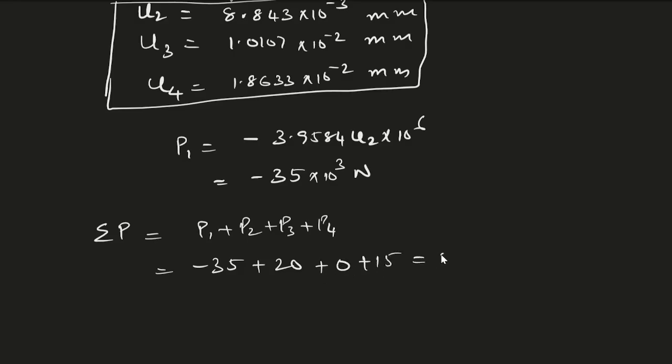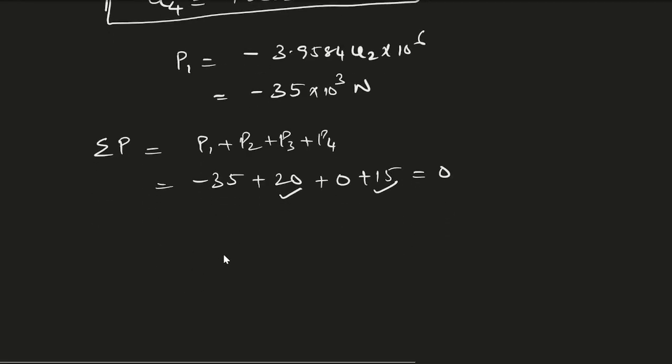So it is equal to 0. That means the nodal displacements we got are correct. All the values are positive: P2 and P3 were positive, and at the fixed end we'll have a negative value because it is a reaction. So by this method also we have verified the values.